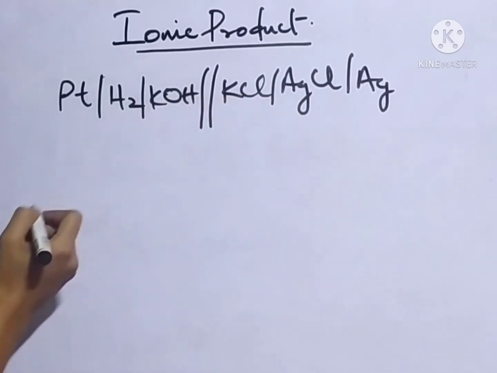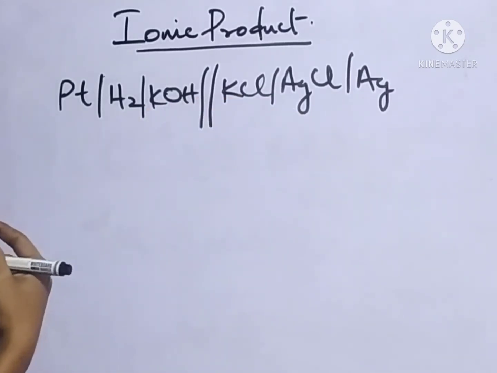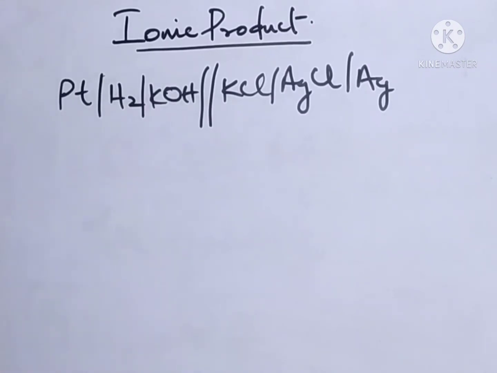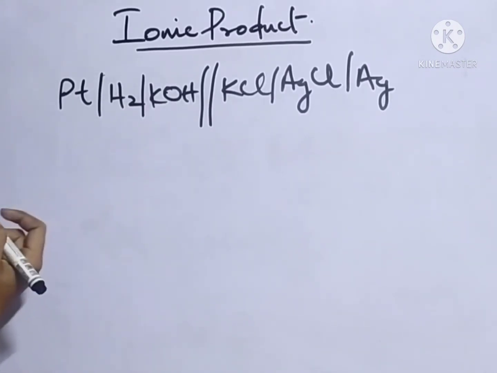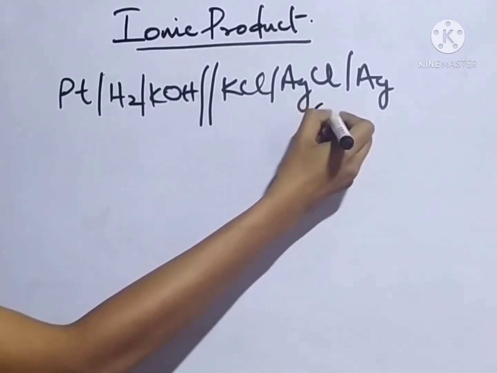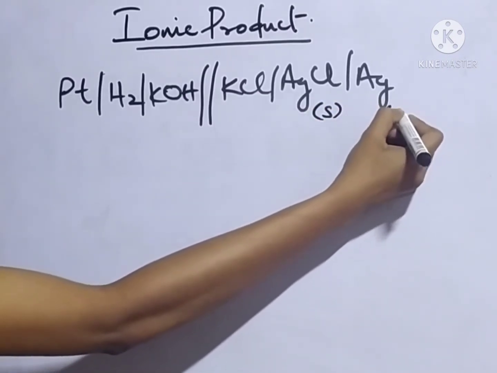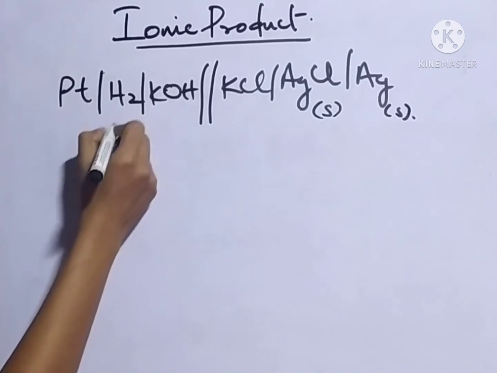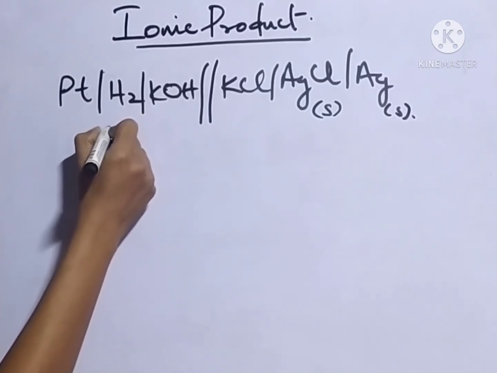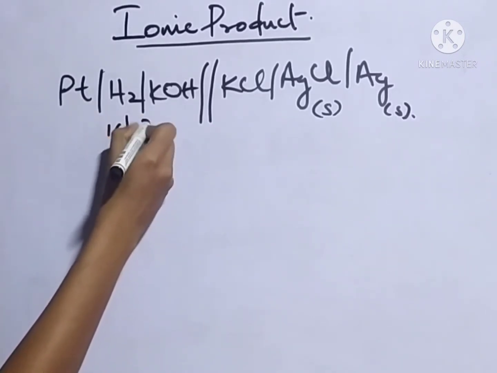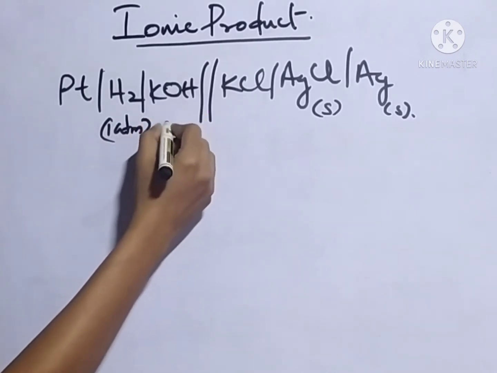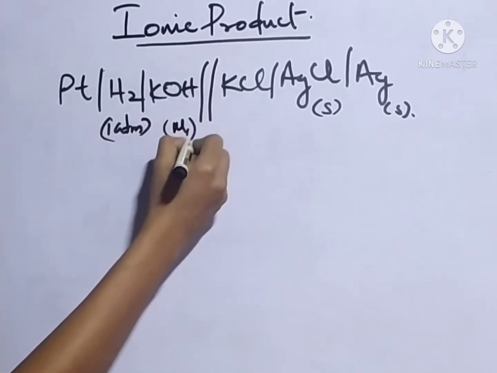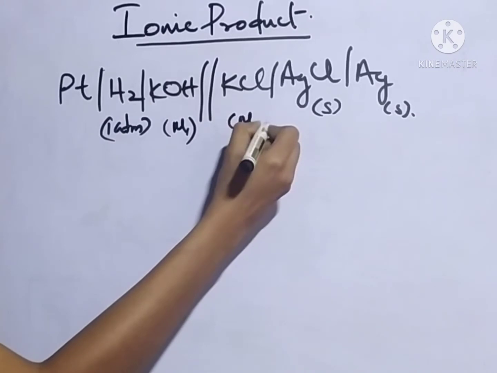These two are electrolytes, KOH and KCl. This is solid. This is also a solid substance. This is a gaseous substance, so we have to mention the pressure. Let's take it 1 atm. Its molarity is M1 and this is M2.